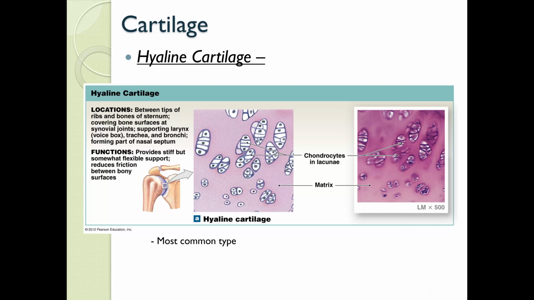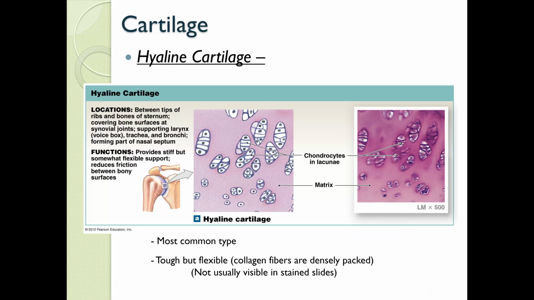This is the most common type of cartilage, so you have more hyaline cartilage in your body than the other 2 types. It is very tough but flexible, so it has a lot of collagen fibers, but the collagen fibers are so densely packed that when you look at this type of cartilage under a microscope, you can't actually see the fibers.